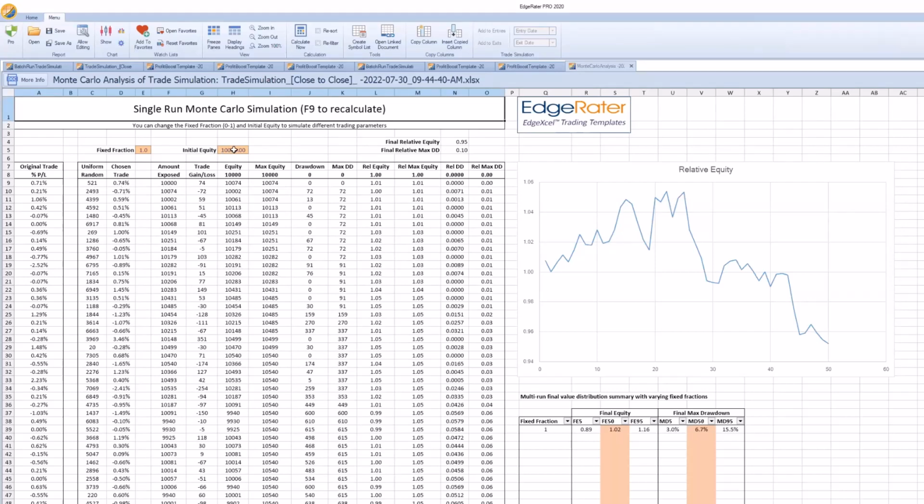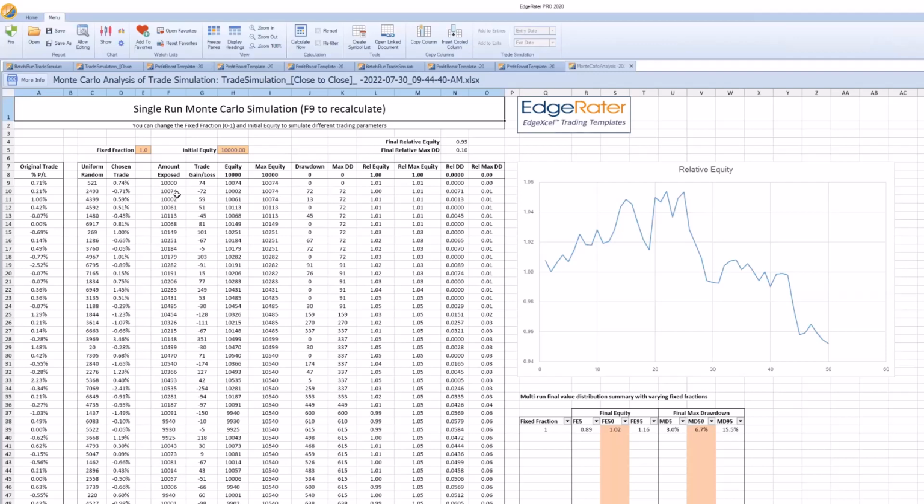And then you've got your initial equity, the amount exposed to the trade, the total gain or loss in the trade, and so on. So what's happening as you go on day by day, it's picking out a new random trade, and it's applying that to your, not the initial equity, it's the amount that's built up.